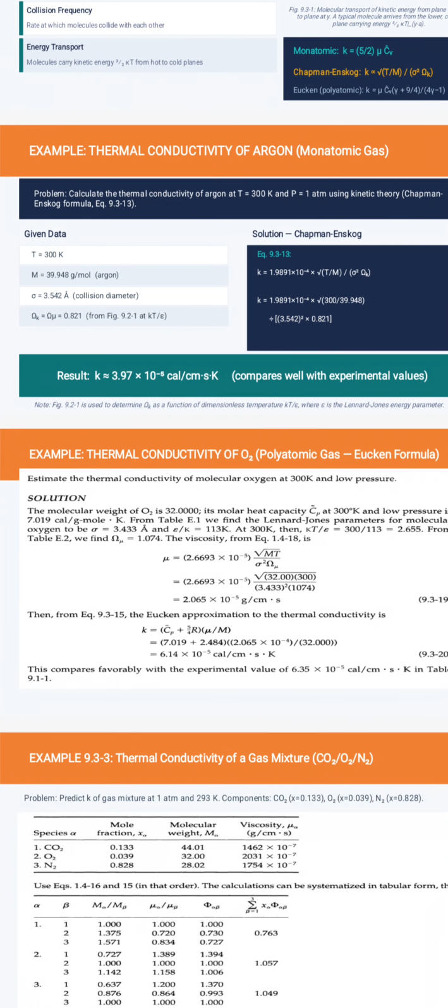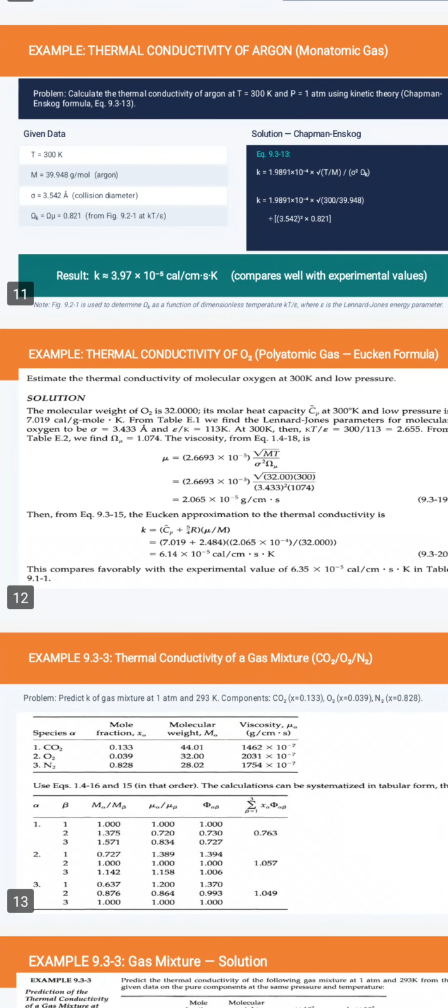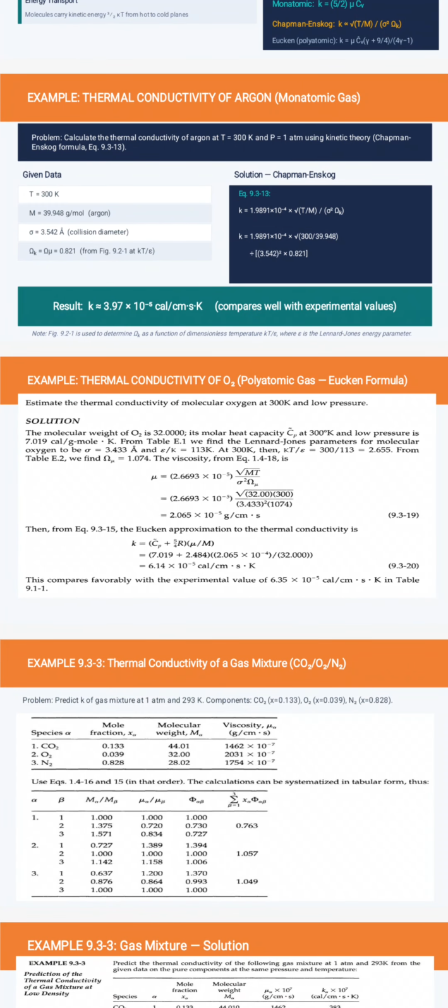Now the next question is to estimate the thermal conductivity of molecular oxygen at 300 Kelvin and low pressure. The molecular weight of O2 is roughly 32. The molar heat capacity Cp at 300 Kelvin and low pressure is roughly 7.0 calorie per gram mole Kelvin. From table E1, we find the Lennard-Jones parameters for molecular oxygen to be sigma equal to 3.433 angstrom and epsilon by K equal to 113 Kelvin.